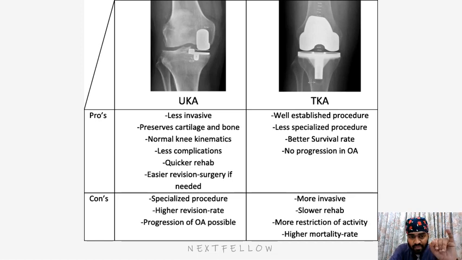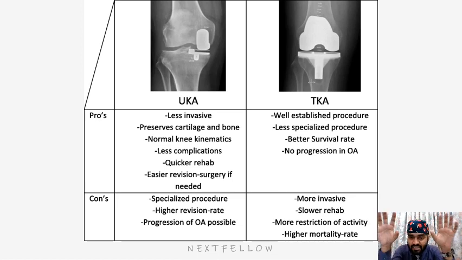So first, the pros of unicondylar knee arthroplasty. Unicondylar knee arthroplasty is done in cases of medial compartment arthritis alone. It is less invasive. It preserves your cartilage and knee. It maintains the normal knee kinematics.